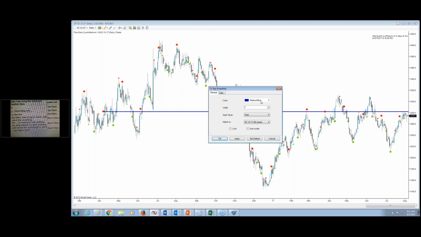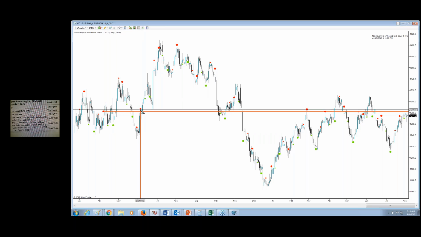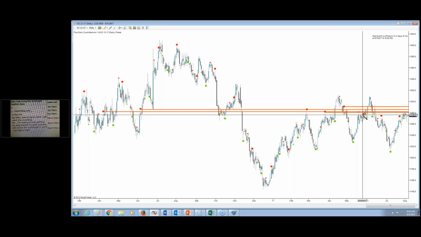Let's change the color. There's one. There's one. Everybody notice they're kind of all in the same area right here?